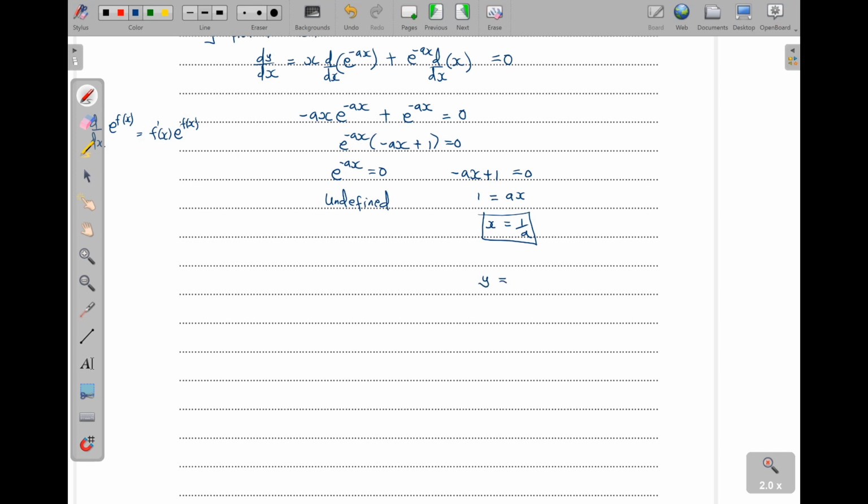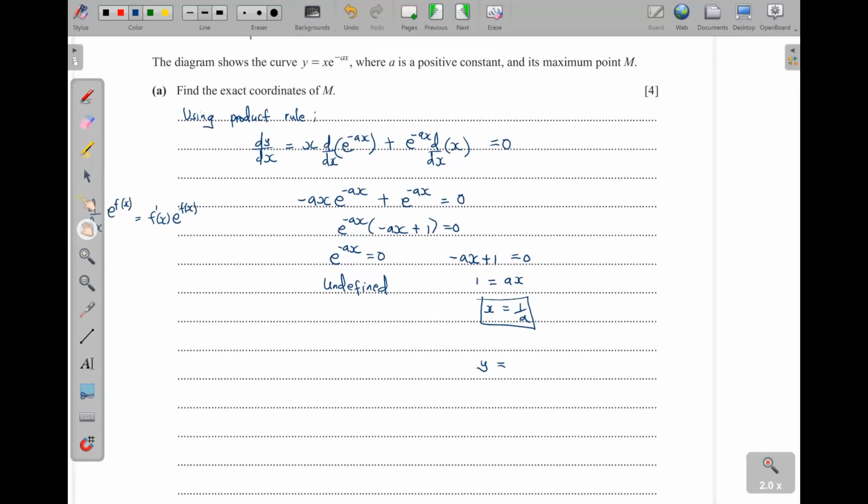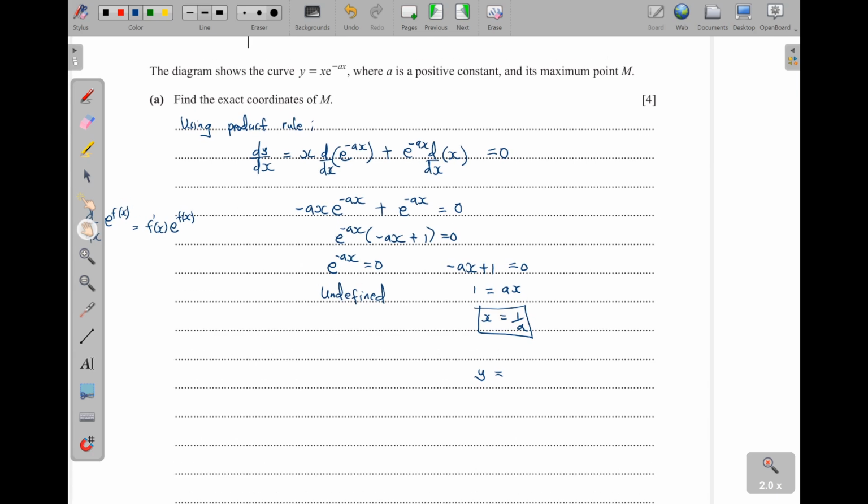So y is equal to x e to the power of negative ax, so we shall have 1 over a, then e to the power of negative a times 1 over a. Of course, this will cancel with this, then you get negative 1. So y is going to be 1 over a, e to the power of negative 1.